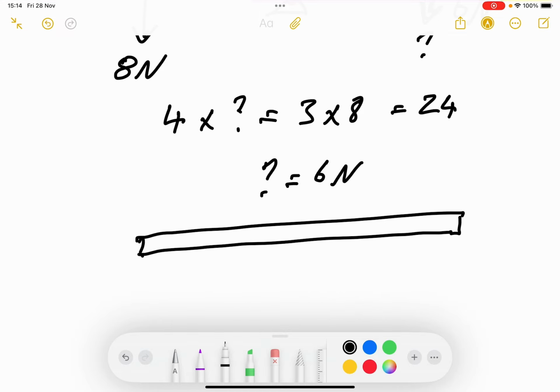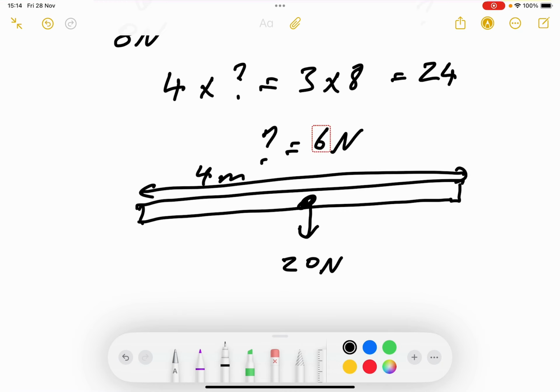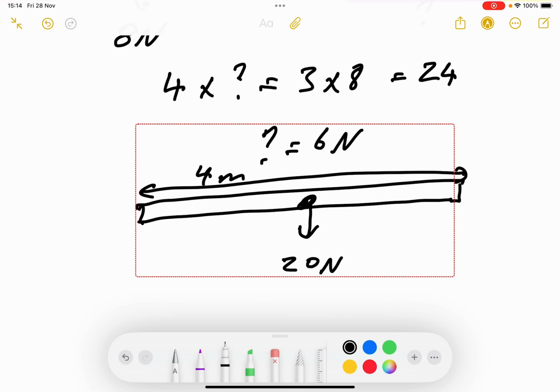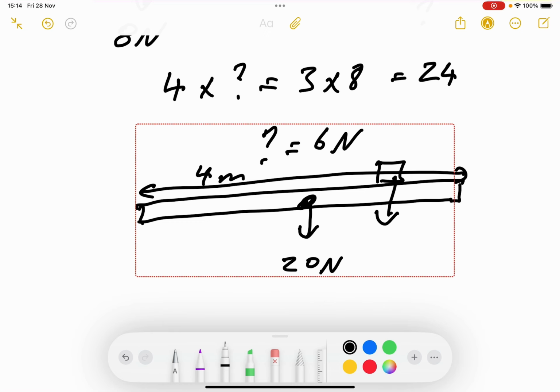So people often talk about a uniform beam. That means that the weight is distributed uniformly along it. So say this beam has weight 20 newtons, and we might be told that the beam has an overall length of 4 metres. And there might be an object placed on the beam, and that might have a weight of 10 newtons.